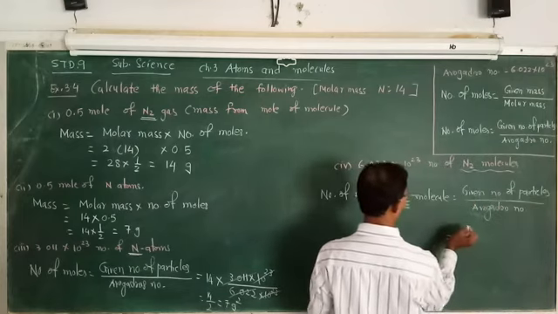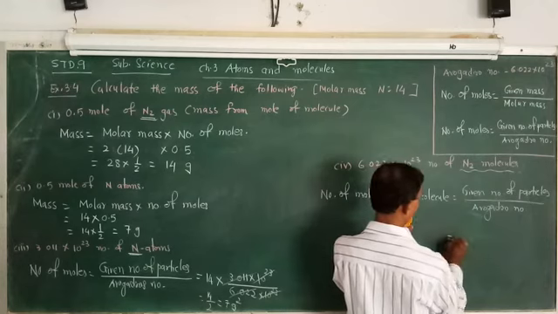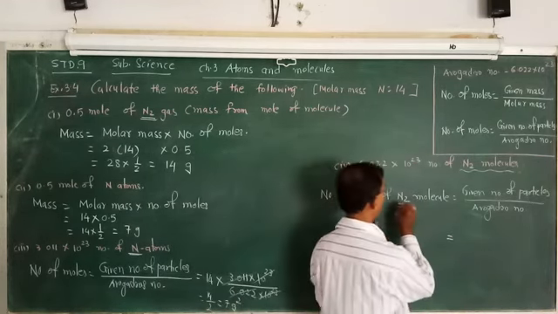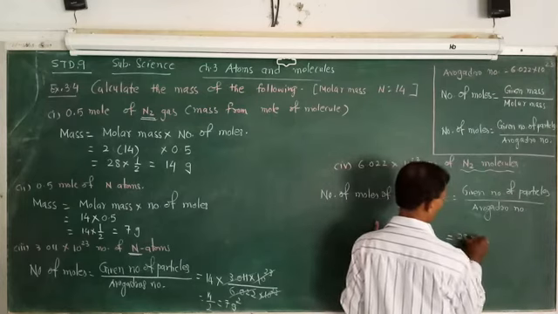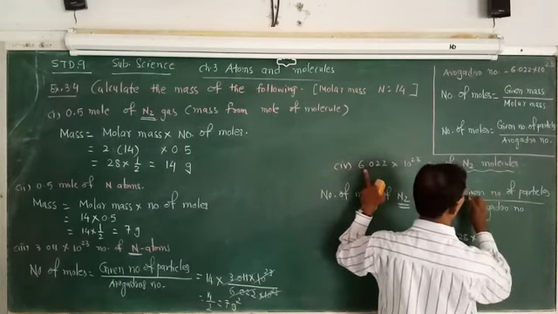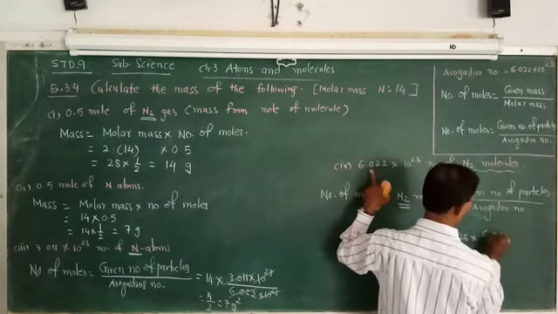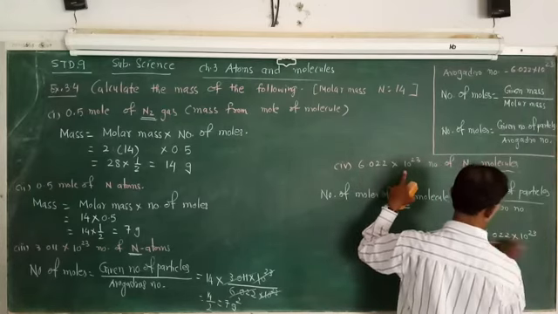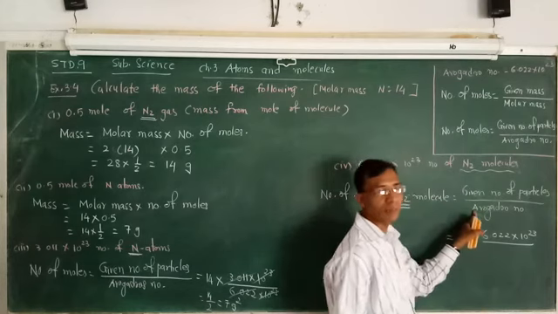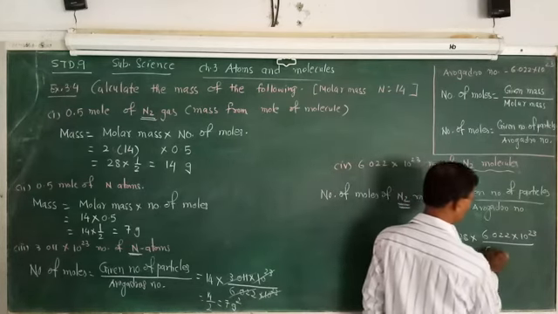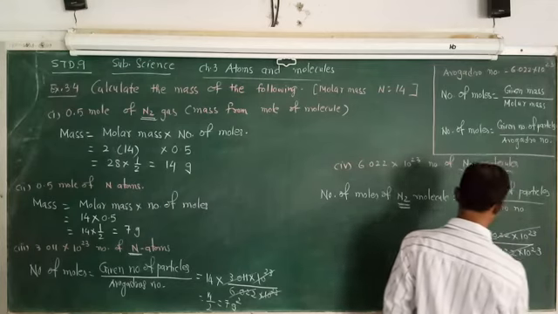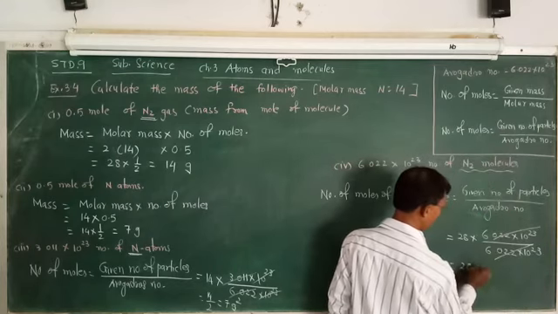The molar mass of N2 is 2 times 14, that is 28, multiplied by the given number of particles 6.022 × 10^23, upon Avogadro's number 6.022 × 10^23. Simplify, that is equal to 28 gram.